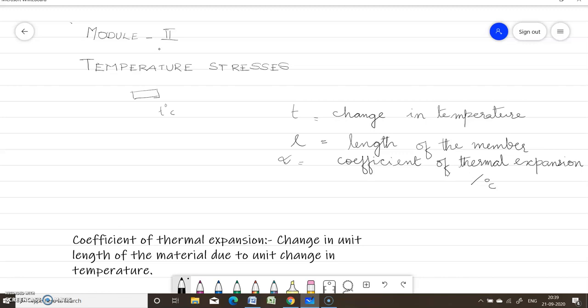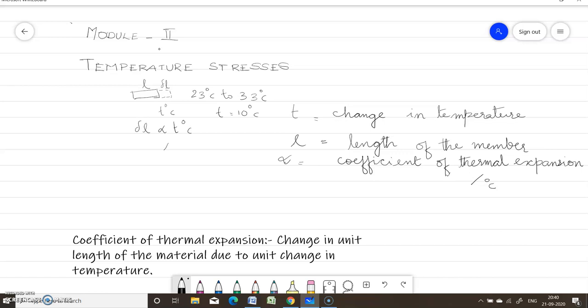There may be some increase in length of the bar, and we can write this change in length delta L is directly proportional to the increase in temperature. For example, if you are increasing the temperature from 23 degrees Celsius to 33 degrees Celsius, then T will be equal to 10 degrees Celsius. That is the rise in temperature.